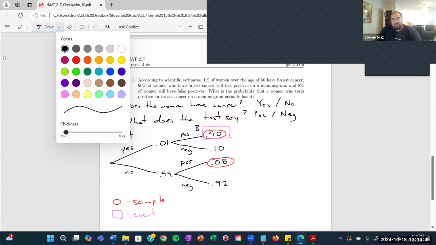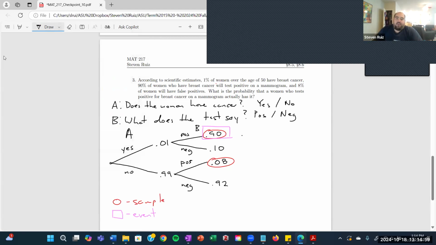So to find the probabilities, starting from the beginning on the left, I multiply basically all the numbers you see as you get as far right as you can. So 0.01 times 0.9 is 0.009. 0.01 times 0.1 is 0.001. 0.99 times 0.08 is 0.0792.